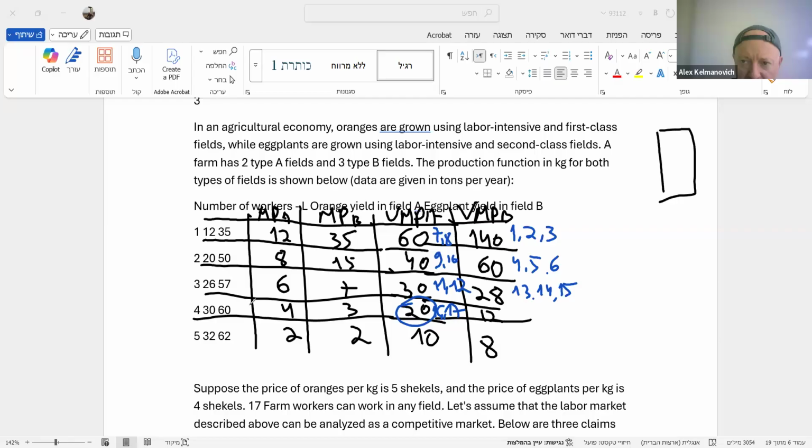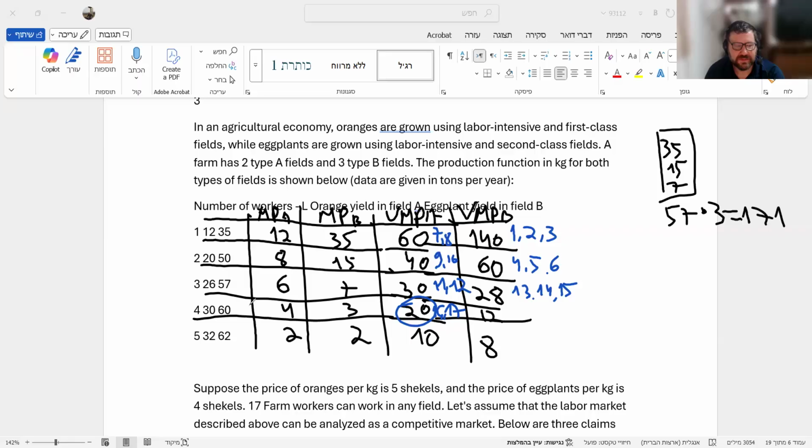The first labor makes 35 eggplants, the second one 15, and the third one 7. So in every field, we produce 57 eggplants, and we have 3 fields, so it's 171. Correct. So this is a correct statement.